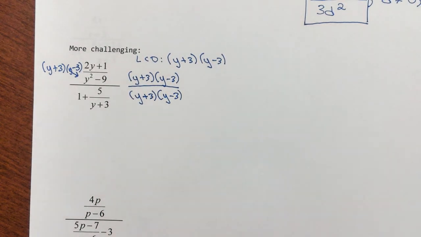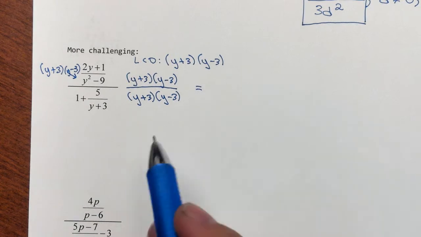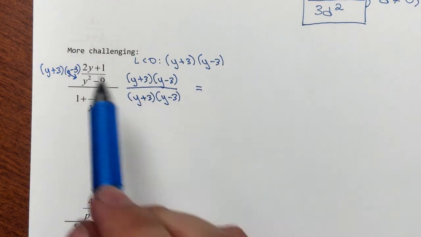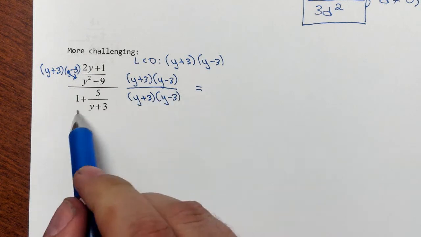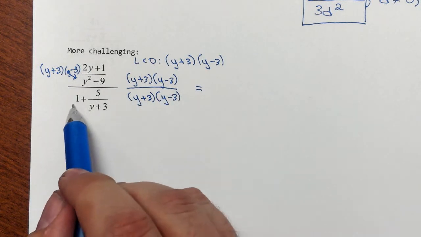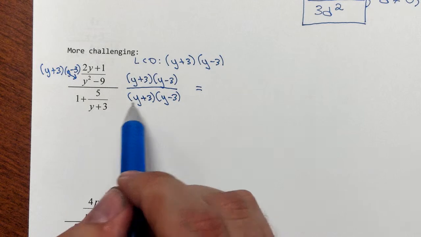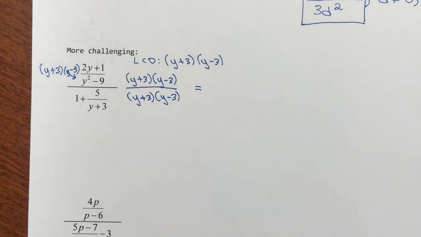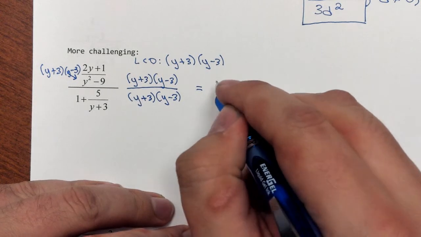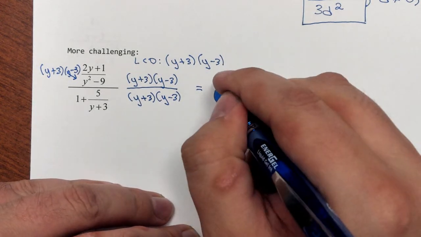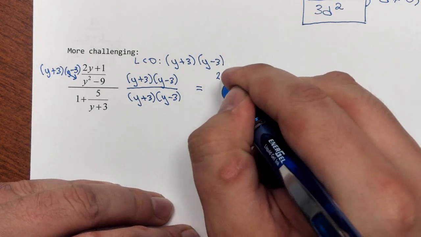Now let's think about how this would work. Up top, I'm going to multiply this one expression by y plus 3 times y minus 3, and in the denominator, I'm going to multiply both 1 and 5 over y plus 3 by y plus 3 times y minus 3. So we'll write that out. It really doesn't matter if you write this on the right or the left. I tend to switch it up for I don't even know what reason.